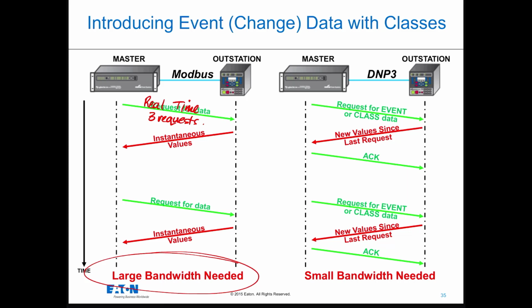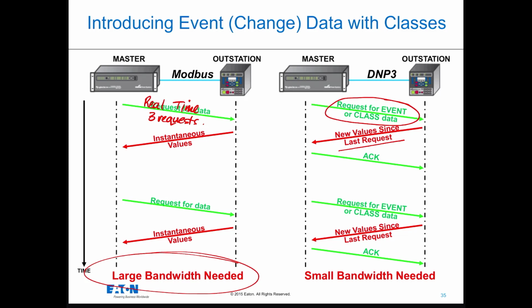When you compare that to DNP3 as a true SCADA protocol, we're using the efficiency of these class object groups like class 1, 2, 3 as only changed values to be reported. So I can send out a request for event data only, and then I'll only have changes being reported back, right?